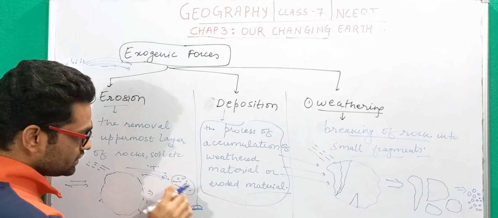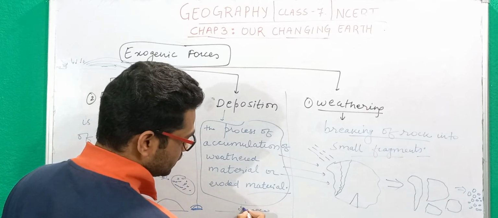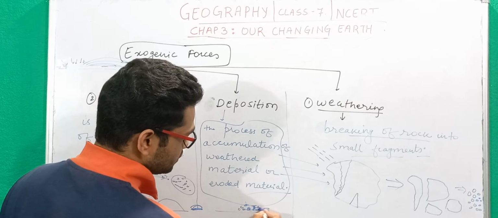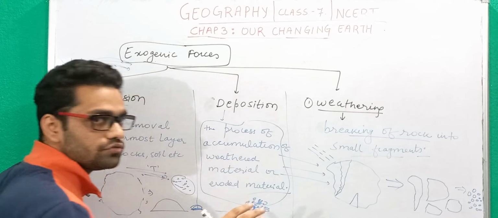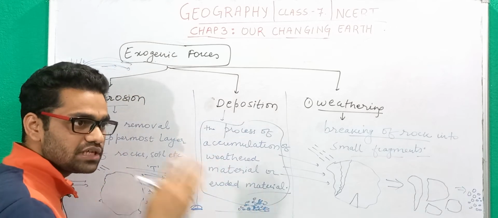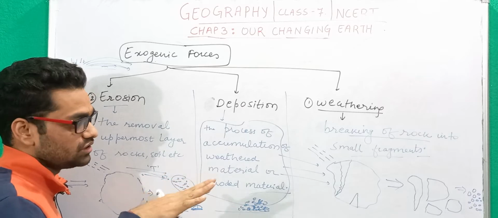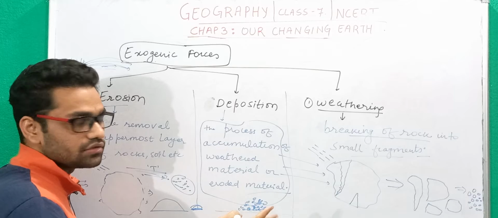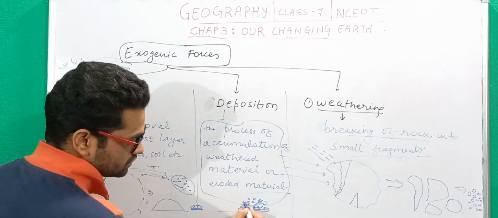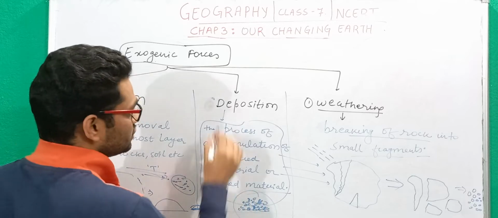So when these particles are getting eroded, they will get deposited somewhere layer by layer. Whenever the wind speed falls, the particles will not be able to be carried away by the wind. That is, the wind has lost its velocity, and because of decreased velocity, the wind is not able to carry these particles any further, and so it has to deposit them somewhere.